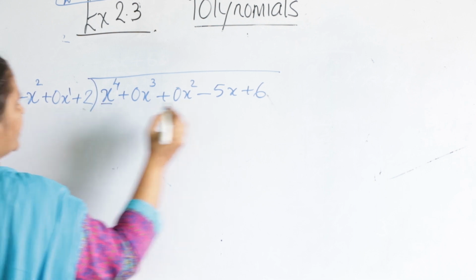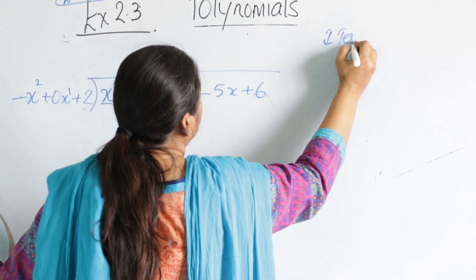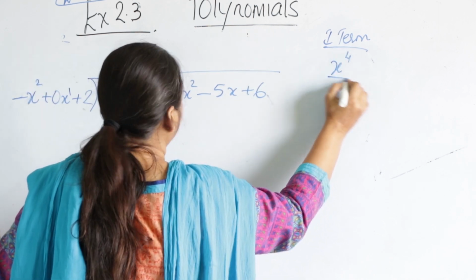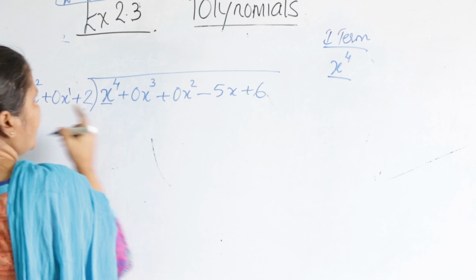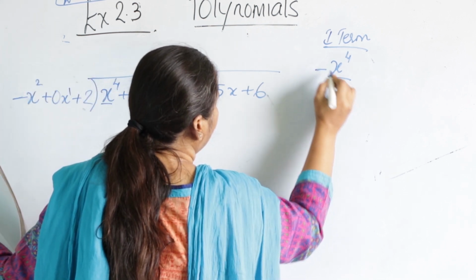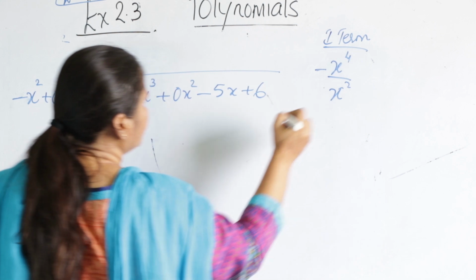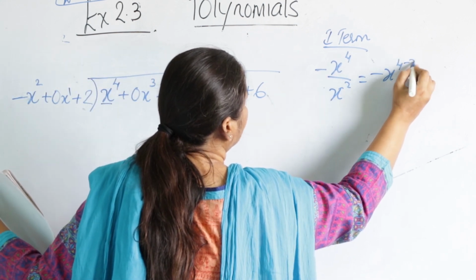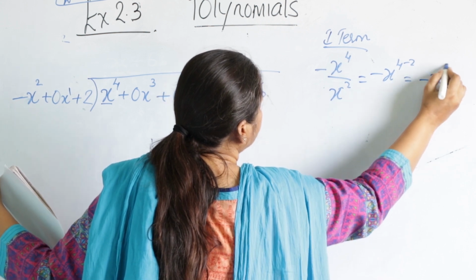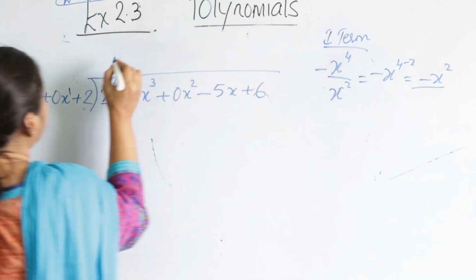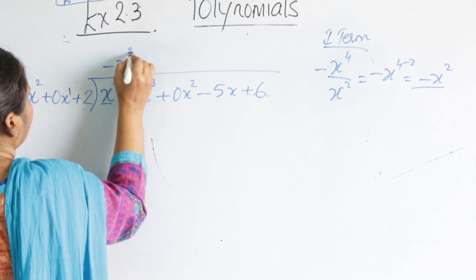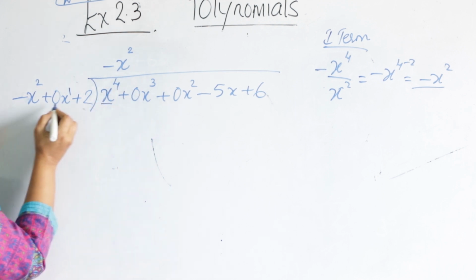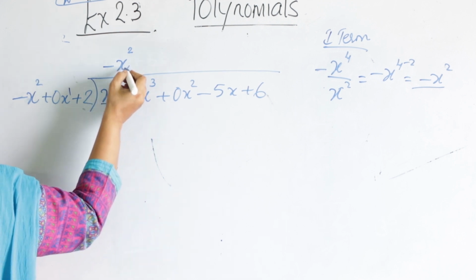So now let us find the first term. Let us take x raised to 4 and divide it by minus x square. So put the minus here, no problem. Minus x square. So here minus x raised to 4 minus 2, which is minus x square. So along with the sign, take it here, minus x square. Next, now let us multiply every term of g of x by this.